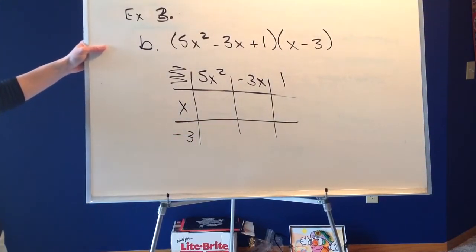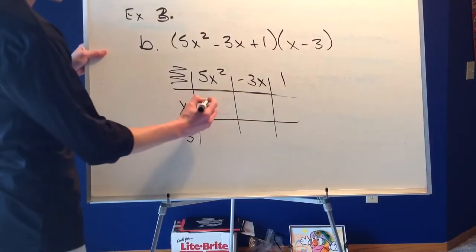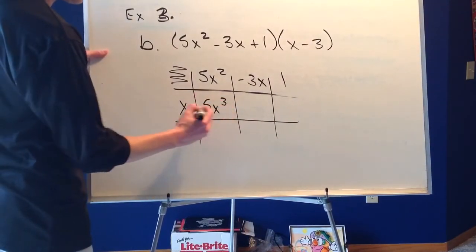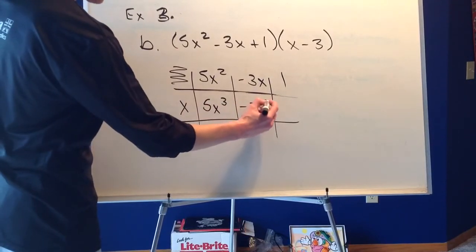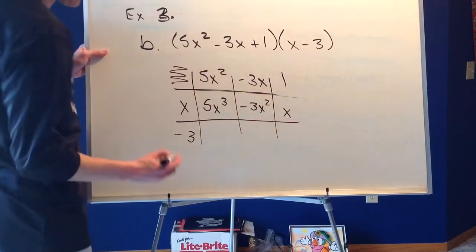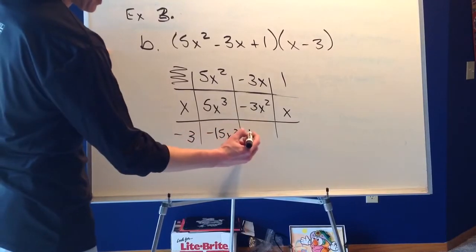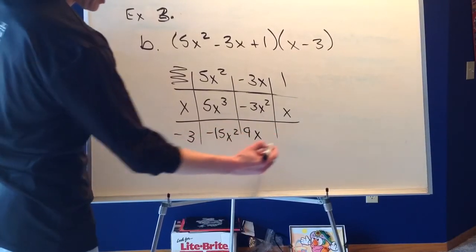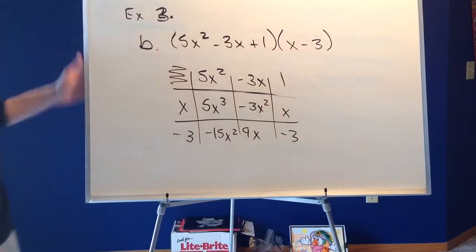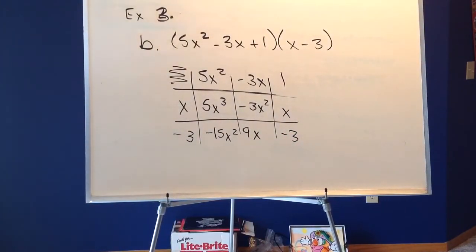So go ahead and do the same thing, just 6 boxes instead of 4 that I need to fill in. So I'd end up with 5x to the third, negative 3x squared, x, negative 15x squared, 9x, and negative 3. Okay, so then just want to take the ones that are like terms.